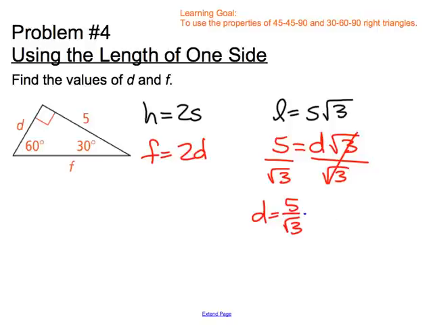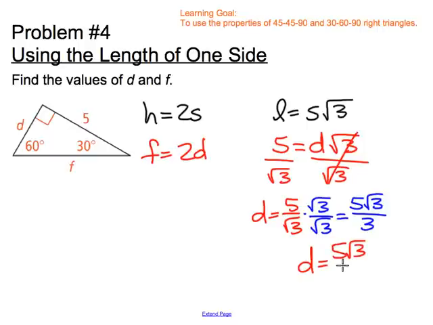And so we need to rationalize the denominator. Multiply both top and bottom by the square root of 3. This is going to equal 5 times the square root of 3 on top. And square root of 3 times the square root of 3 is going to be the square root of 9, which is 3. So d in this case is going to equal 5 times the square root of 3 over 3.